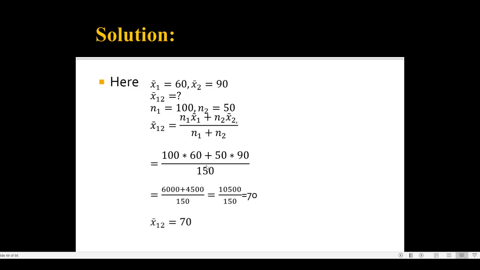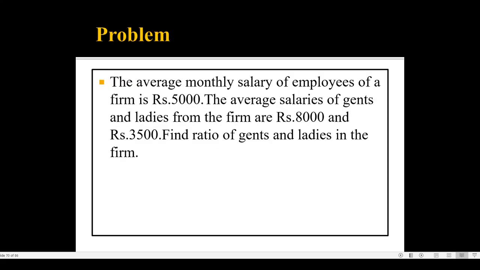If we calculate this, we get 6000 plus 4500 upon 150. This is equal to 10,500 upon 150, and if we calculate this, we get x12 bar is equal to 70.